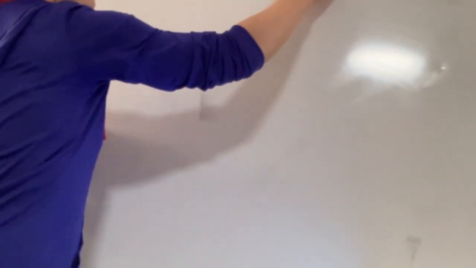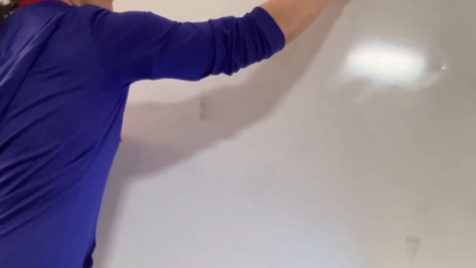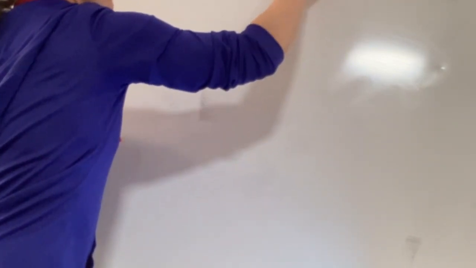So 64, that means 2 to the power of 6, and then you have 2x, and you have a 2 outside. And 32 is 2 to the power of 5, and you have 4x, and you have a 2 divided by 2 to the power of 2, and then you have 2x. Is that all good?